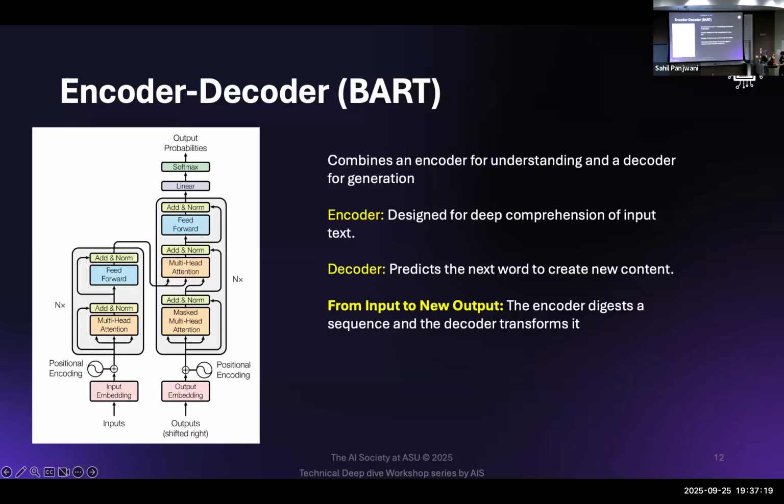On the right side, you can see the decoder, and it looks very similar, but the key difference is the masked multi-head attention in the bottom block there. That forces the decoder to only attend to previous text rather than future text. So the main task here is for it to generate text one word at a time.